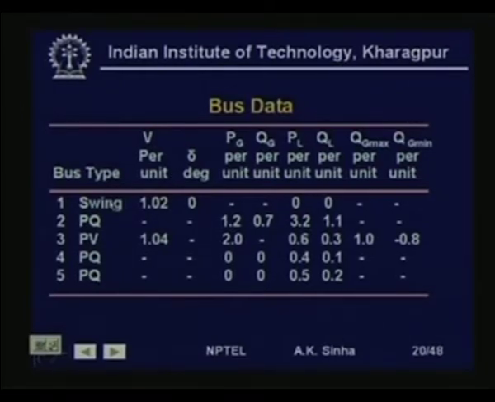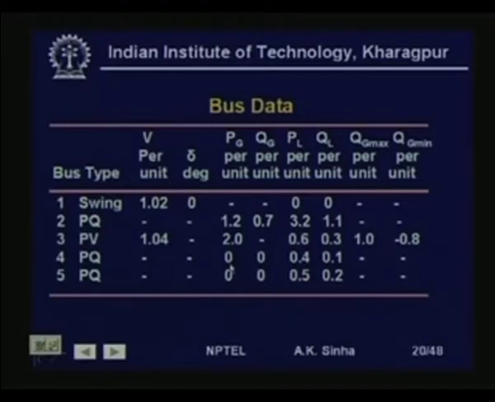For the PV buses and the swing bus, the voltages are maintained, so we are given the specified voltage magnitude values. The delta angle for the swing bus is 0, the other buses are unknown.